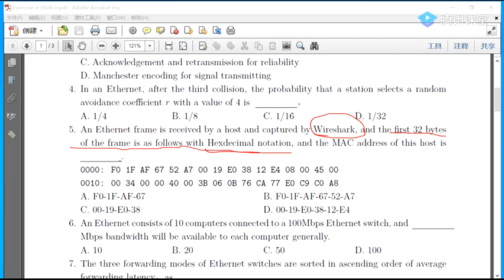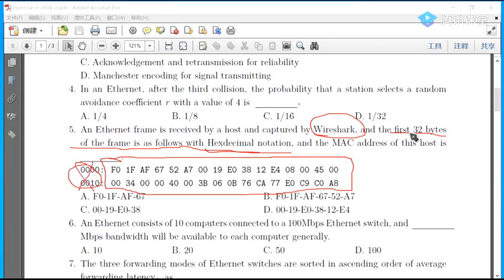That means the first 32 bytes. Okay, this is the hexadecimal.